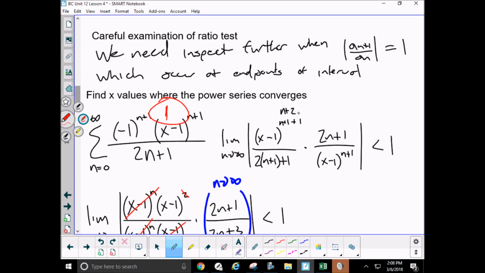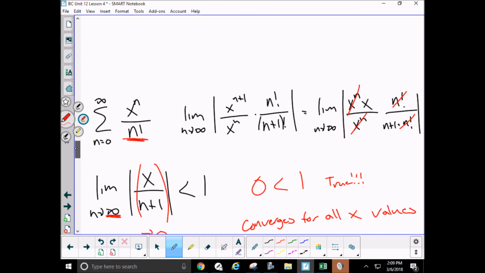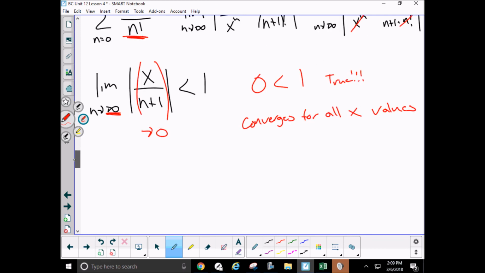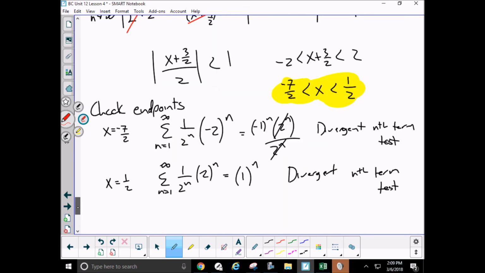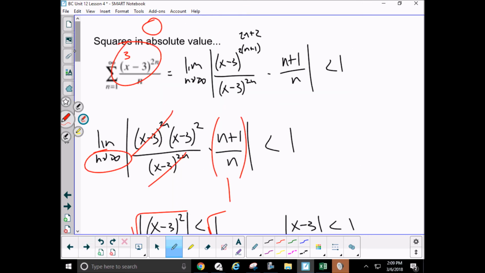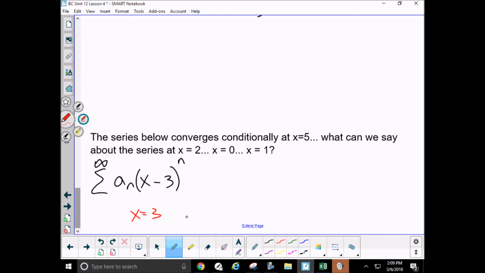Here we centered at 1. Here we centered at 0, and it was convergent everywhere. Here we centered at negative 3/2. So keeping that in mind, we know that this is the center of convergence.